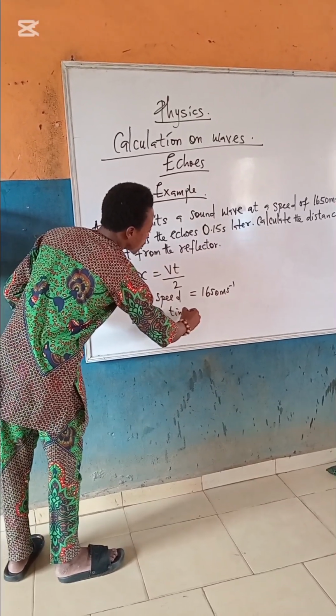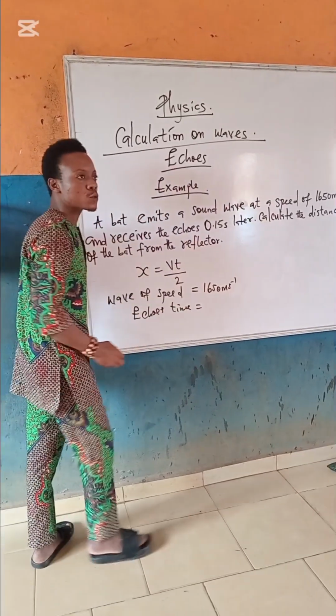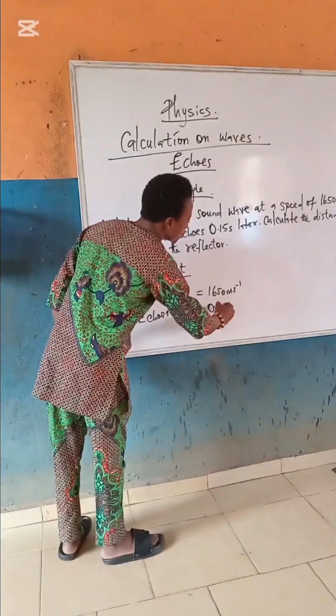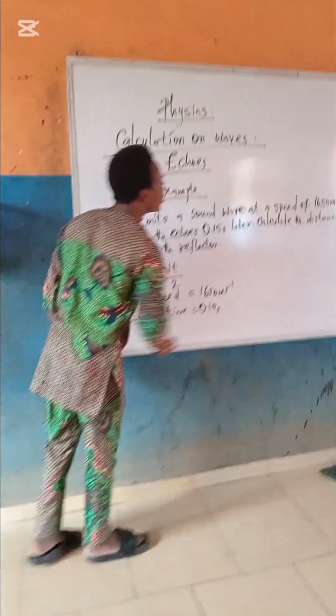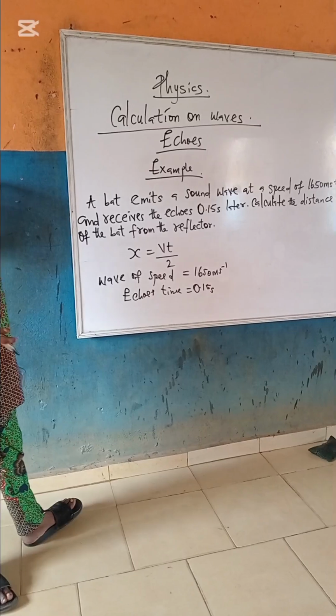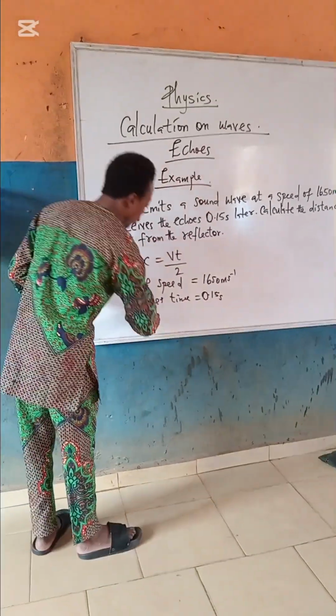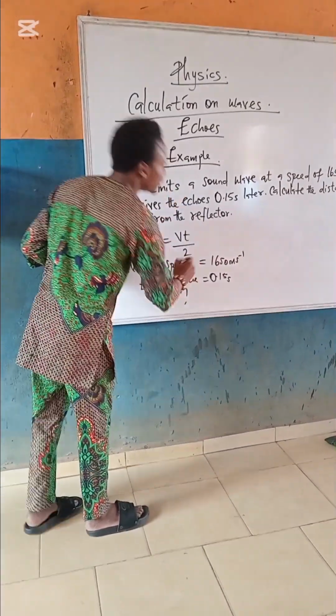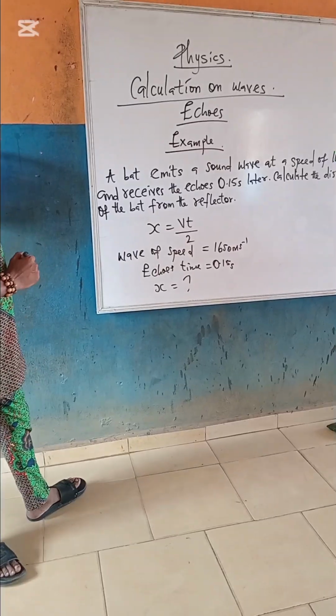Echoes time is equal to 0.15 second. Then you are asked to calculate the distance, which is x.